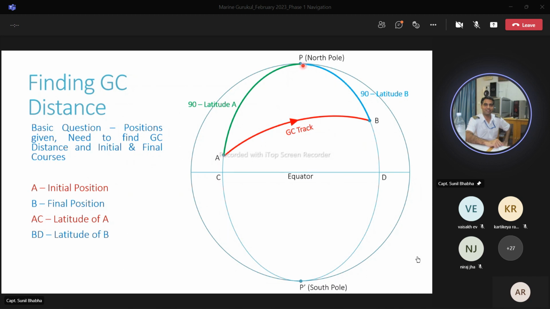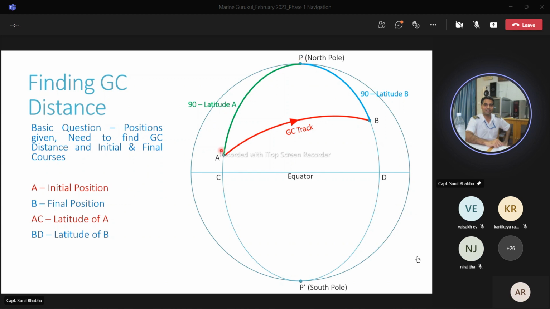Now, if you pay attention to this triangle, which is formed on the Earth, that is Papa, Alpha, Bravo. This particular triangle is formed on the surface of Earth, and all three sides of this triangle are arcs of great circles.